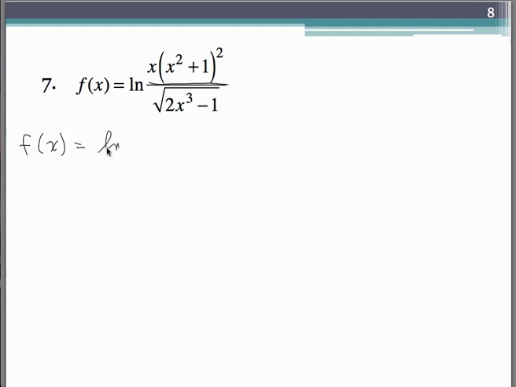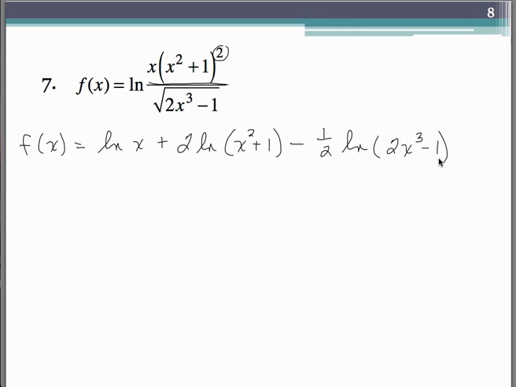So we have natural log of x plus this exponent 2 is going to pop to the front of the logarithm with the x squared plus 1. So we have 2 natural log of the quantity x squared plus 1. Then minus, we have the denominator part. Again, it's a square root, so you can think of that as a 1/2 exponent that will come to the front of that logarithm.